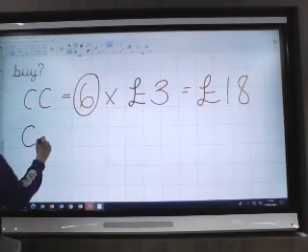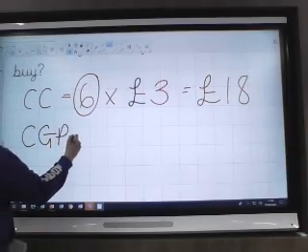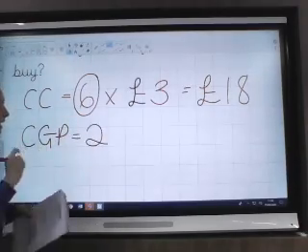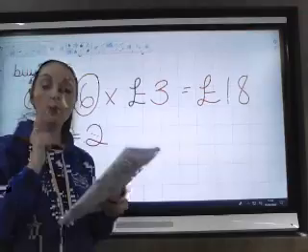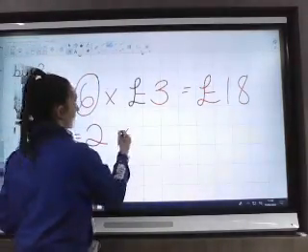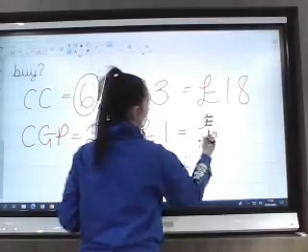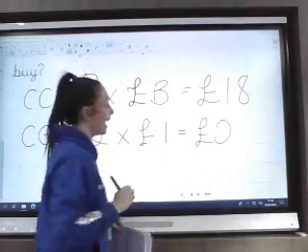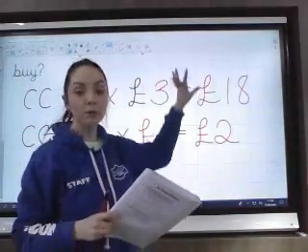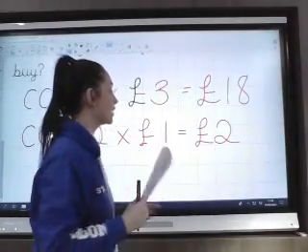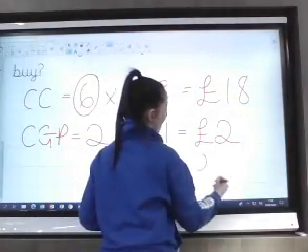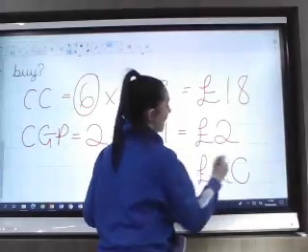So we'll just do CGP for CG Perios. So that's 2. And they were £1 a box. So then we're going to do 2 times 1. So they would cost £2. Okay? So then to add it up, to work out how much she spent, you do 18 add 2. So there she spent £20.